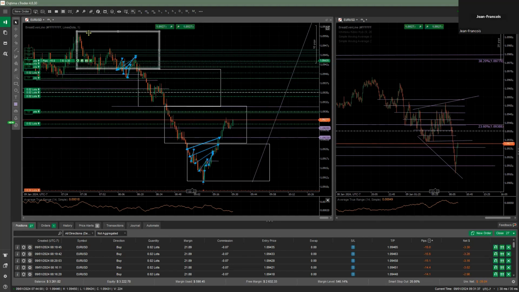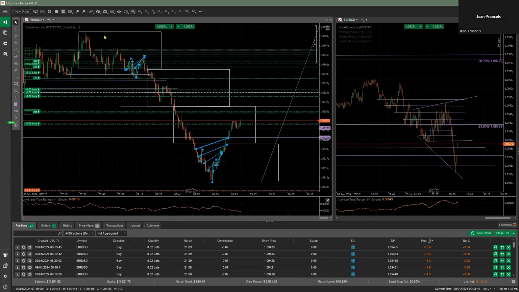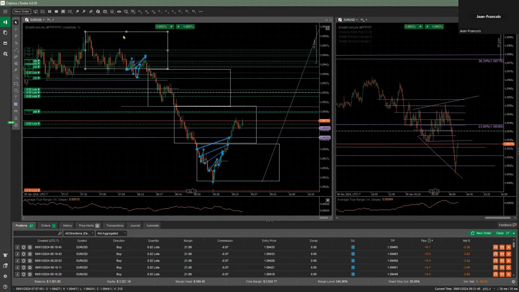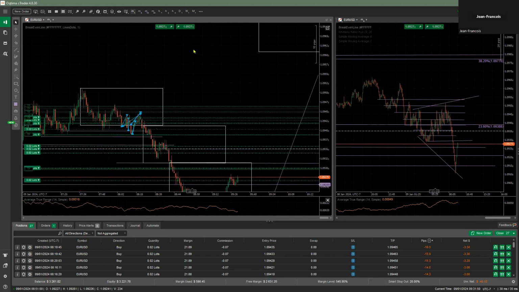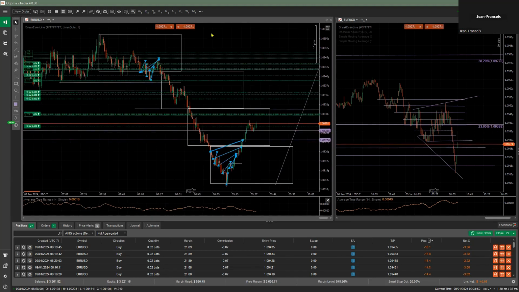Right up here, we were unable to get back to the top of the box, having fallen from the high. That's a pretty good sign that it's not trying to go up. And then breaking the boxes with all this unused time in the box, that's a pretty good sign there's more of that coming.